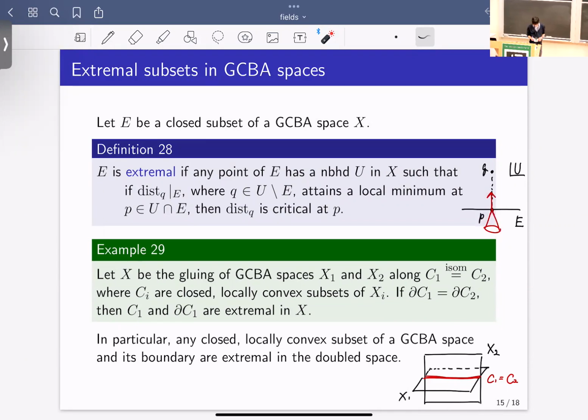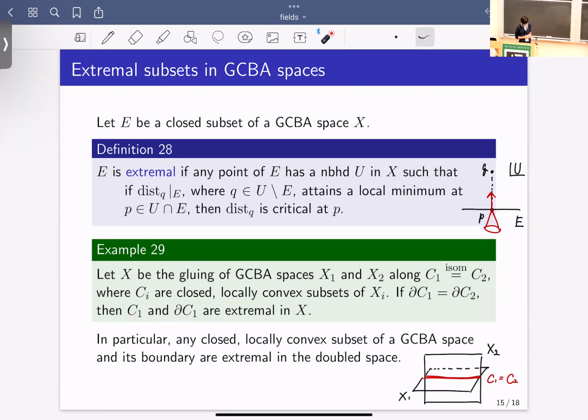A basic example comes from Reshetnyak's gluing theorem. Suppose X is a gluing of two GCBA spaces X1 and X2 along C1 equals C2, where Ci are closed locally convex subsets of Xi. And suppose the topological boundary of C1 is equal to that of C2, then the convex subset itself and also its boundary are extremal subsets in the glued space.